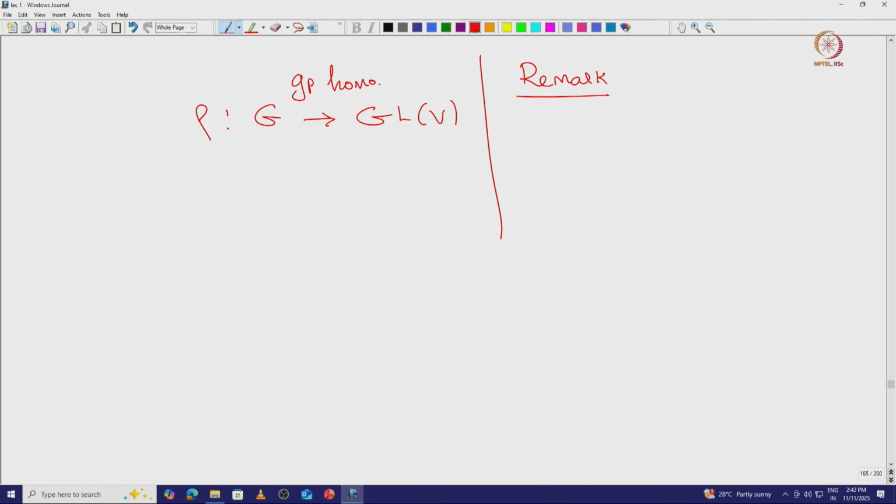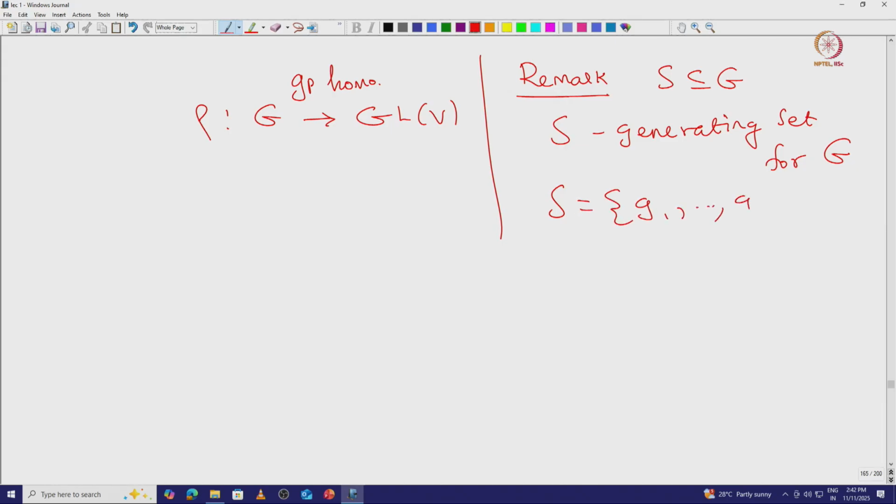Suppose S is a generating set for G. So, S is a subset of G and S generates G. That means there are, let us say, k generators for G.